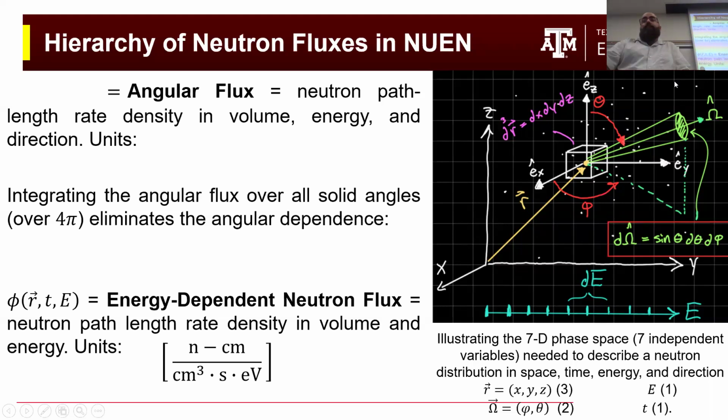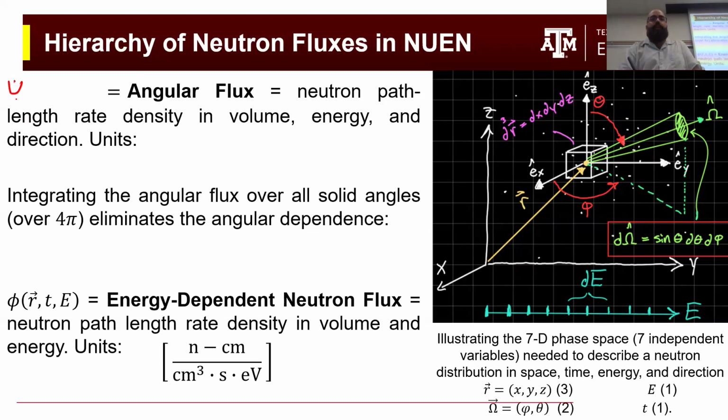If we want to describe this omega in a 3D coordinate system, we need two angles. We need an angle theta, which is a polar angle from the vertical, and we need another angle, phi, which is an azimuthal angle that wraps around that vertical axis. The quantity that we could use to describe this most detailed way that the neutrons are distributed is called the angular flux.